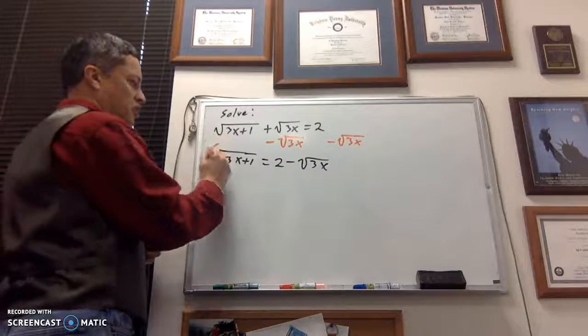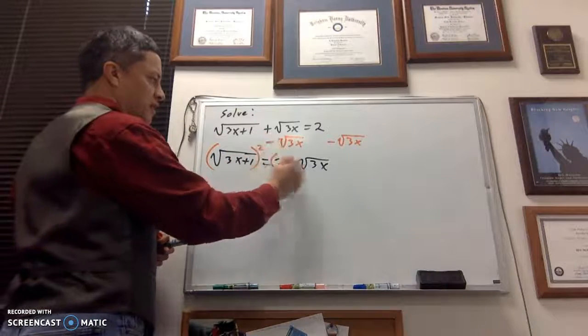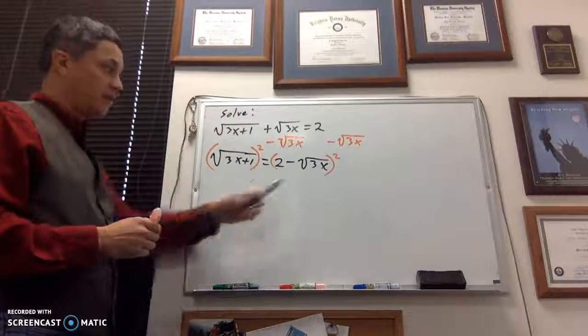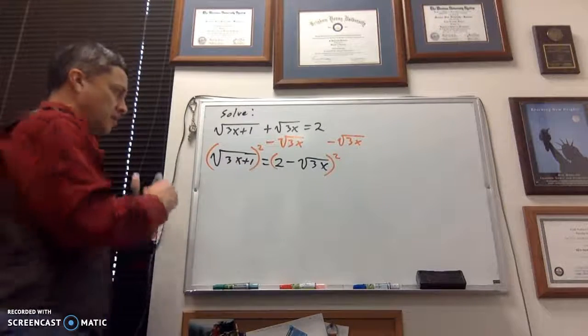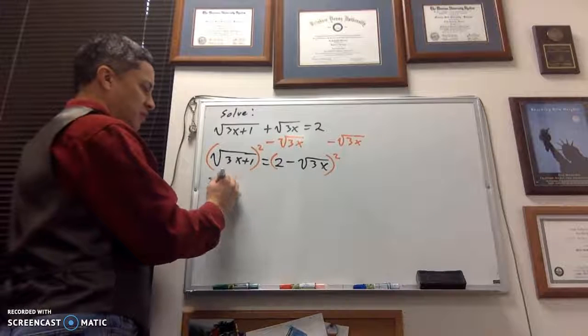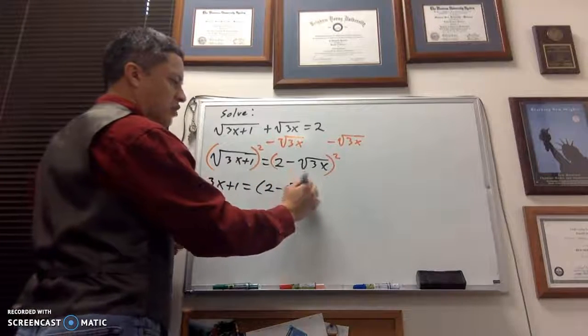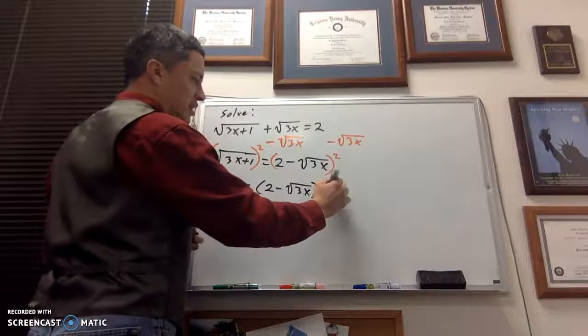I'm going to square both sides of the equal sign. Now this particular problem, it's going to get a little nasty before it gets better on the right-hand side. Watch. Left-hand side, we got 3x plus 1, but on the right-hand side, we're going to have to multiply it out. First, outers, inners, last.